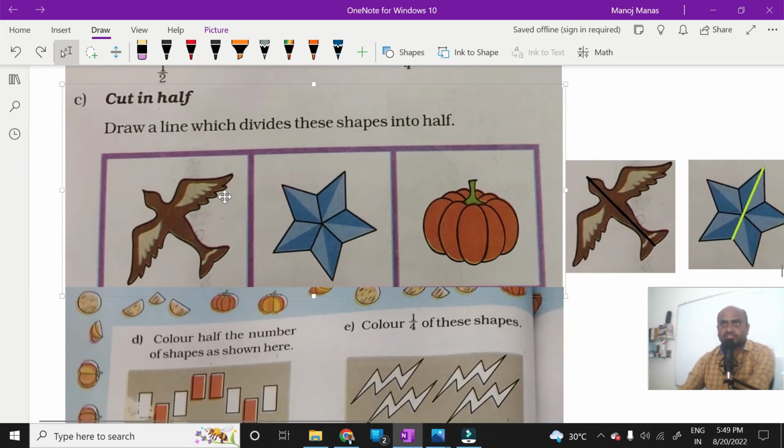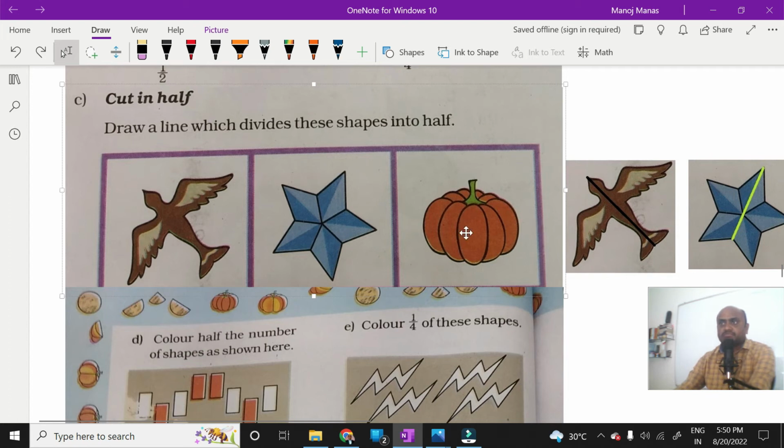Okay, so that is about the division of these 3. Draw a straight line here or here, and draw a straight line completely here. If you rotate it, you can draw a straight line somewhere on the other side also. So here or here or here or here you can draw. This is an easy task. If the item is available with you, you can cut it into 2 equal halves.